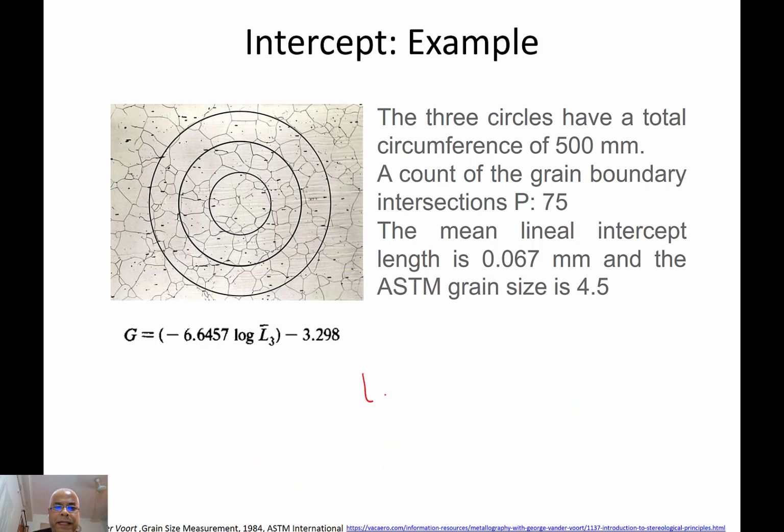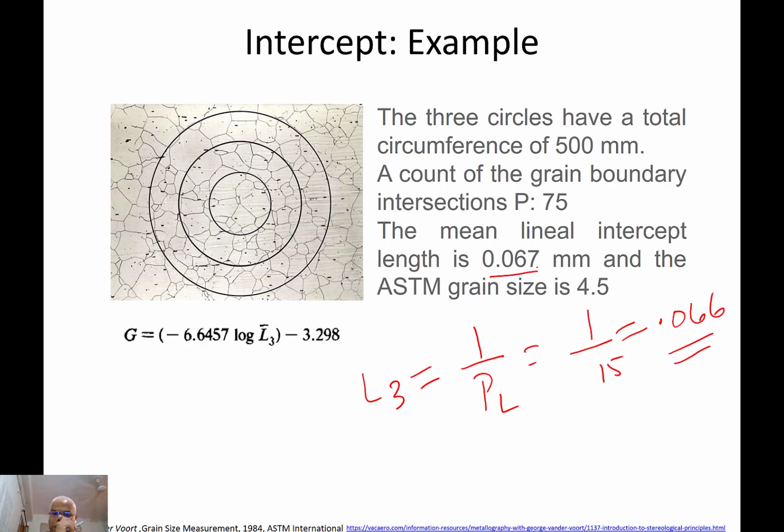So L3, the average intercept length, will be obtained in this case as the inverse of PL, which was 1 by 15. So this gives us 0.066, so 0.067 value. This L3 value is used in mm.